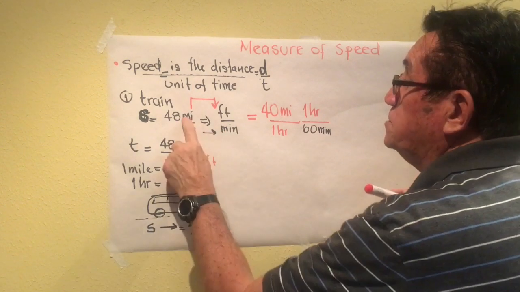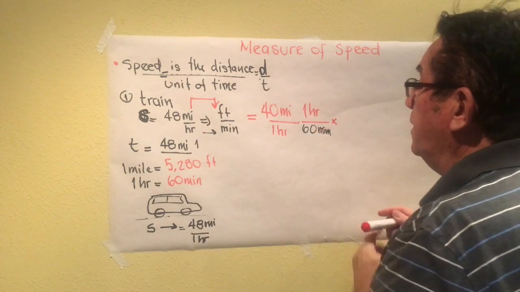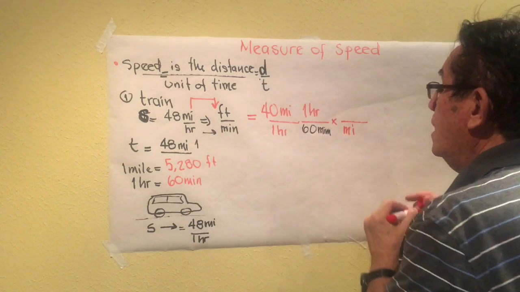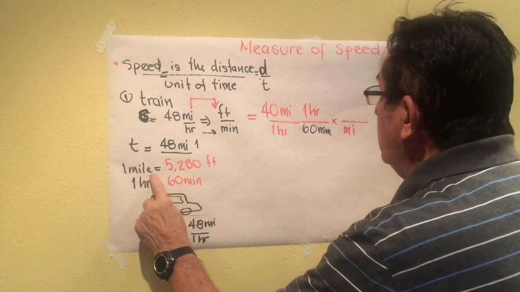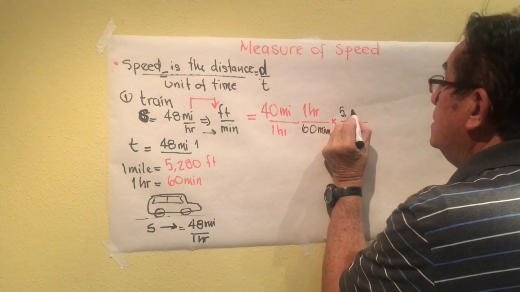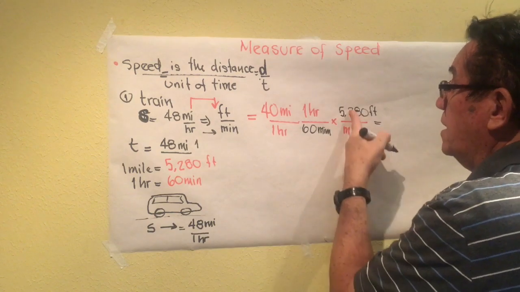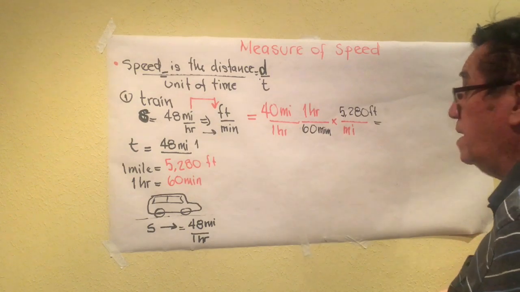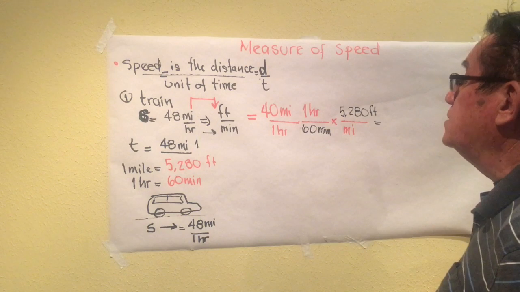Okay, but now I have to change from miles to feet. So how many feet are there in 1 mile? 1 mile has 5,280 feet. Well, now I have to make my equation and see if I can get the answer.